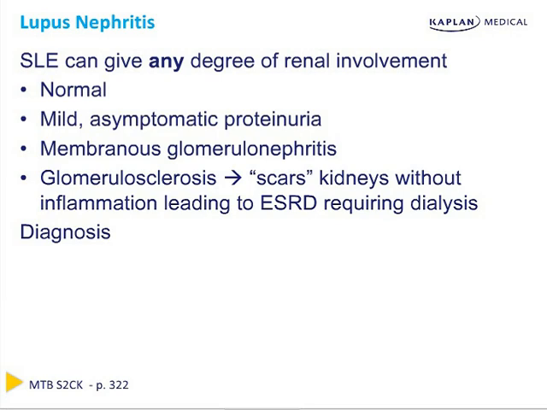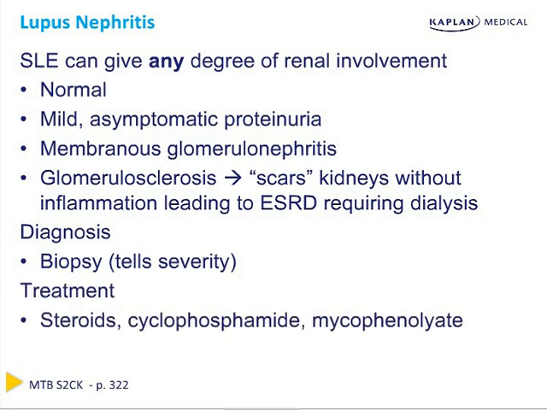In a patient with lupus and renal involvement, you really do need to get a biopsy. It tells you both how severe the disease is and, in turn, helps you choose the best therapy for that patient. In cases of mild disease, really you just need steroids. But if the disease is more extensive, you'll want to choose a stronger immunosuppressive therapy like cyclophosphamide or mycophenolate.